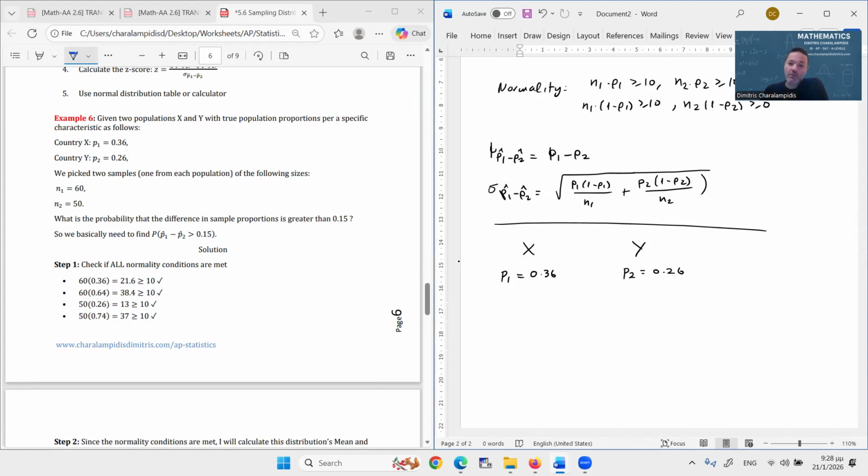Then we picked two samples. From population X, we got a sample of size 60, and from population Y, a second sample of size 50.